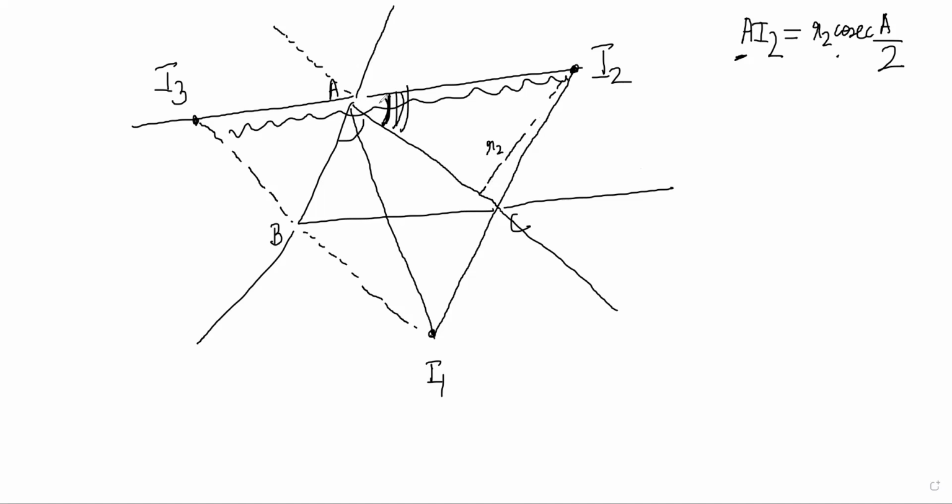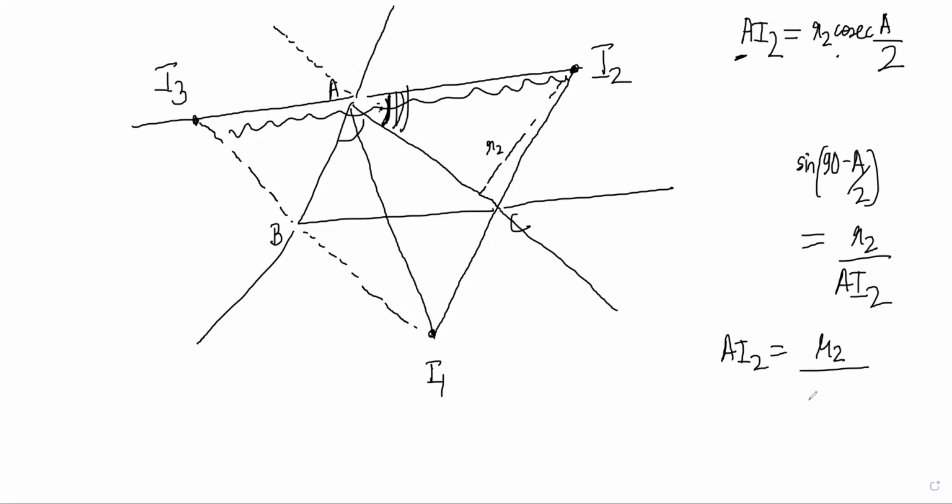R2 here. So you can say that sine of 90 minus A by 2 will be equal to R2 by AI2, right? So AI2 is equal to R2 by cos A by 2, right?